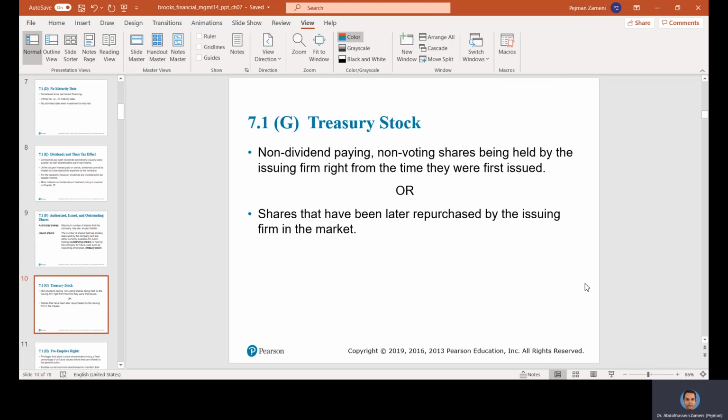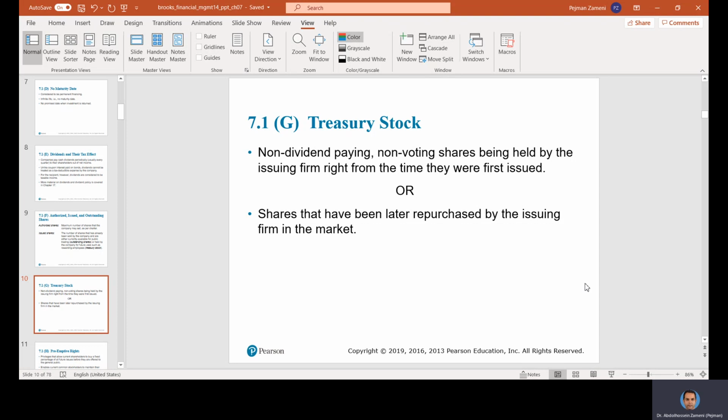Okay, what is treasury stock? Non-dividend paying means that if you are granted the treasury stock, those stocks are not going to receive any dividends. Non-voting shares are held by the issuing firm right from the time they were first issued, or shares that have been later repurchased by the issuing firm in the market.